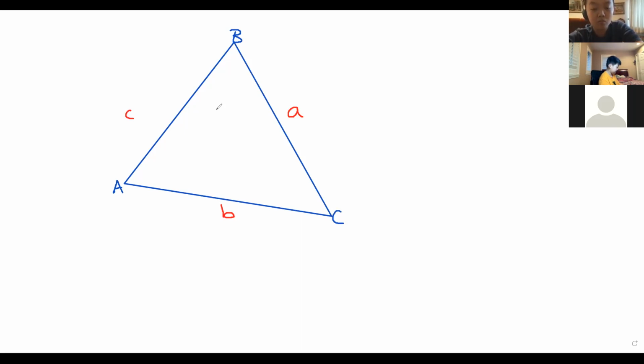Let's assume that we know the lengths of each side, right? So we're told that, let's say, A is 10, B is 4. Let's see, this one can't be too big, so let's do 5. So A plus B, let's refer back to our restrictions, right?